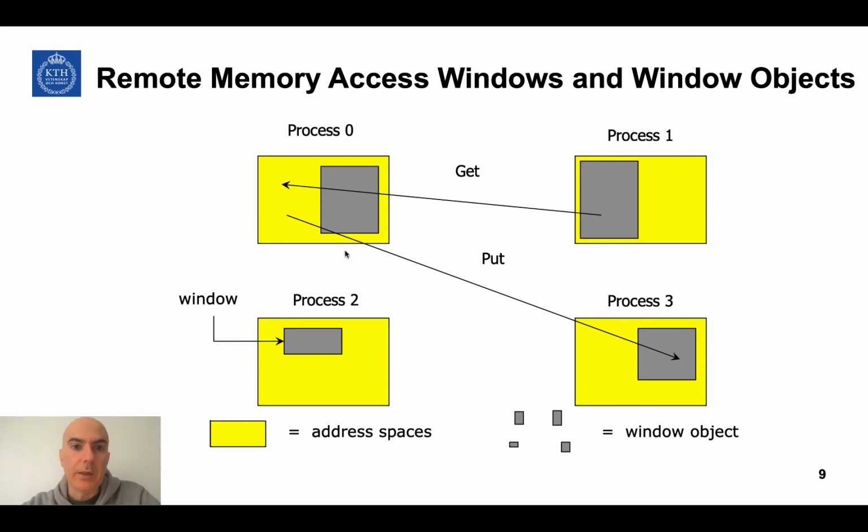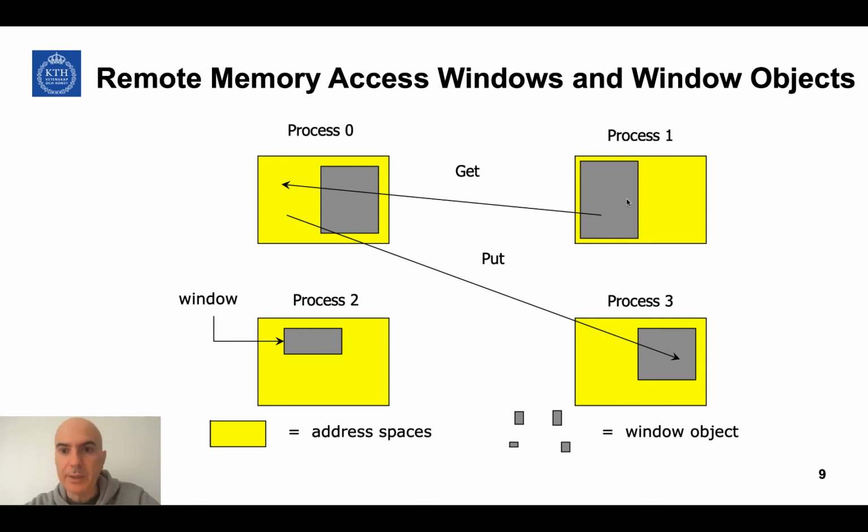So let's see an example. We have four processes, and each of these processes is exposing to all the other processes a part of its own local memory, by exposing part of this memory using the MPI window.